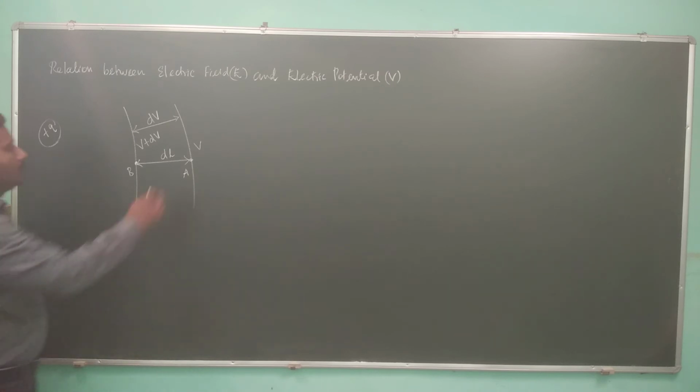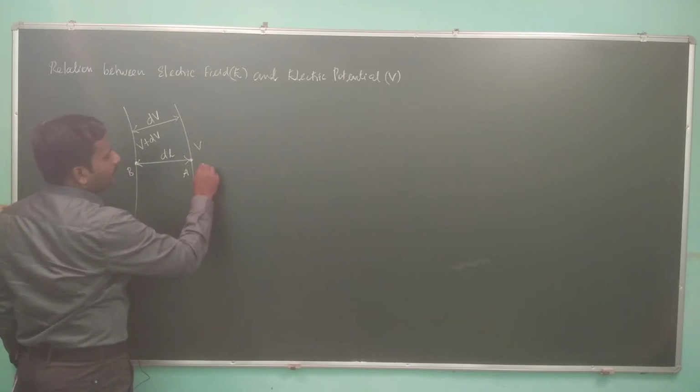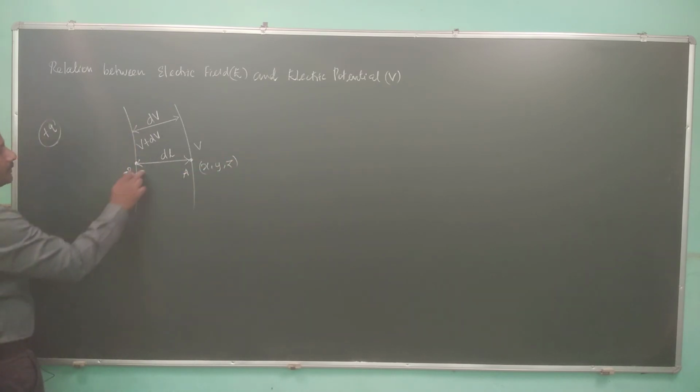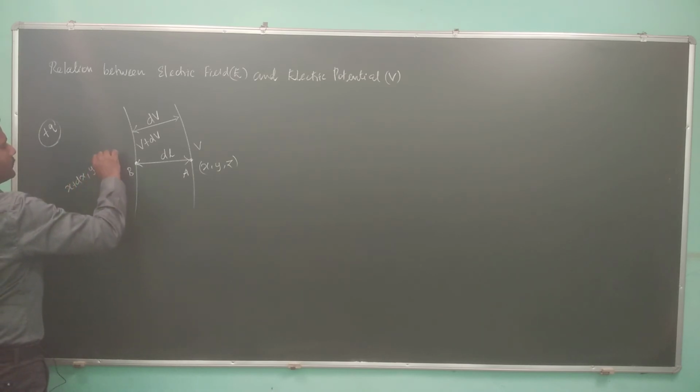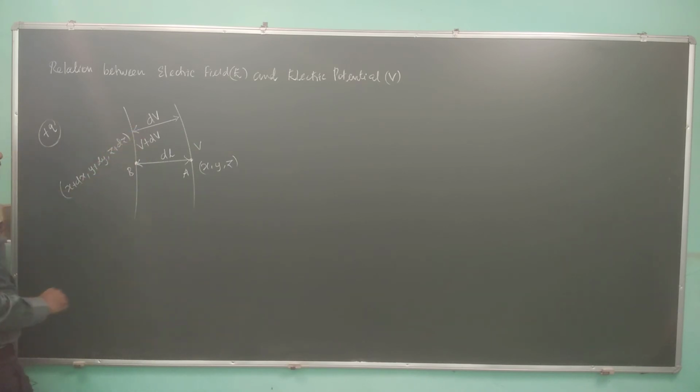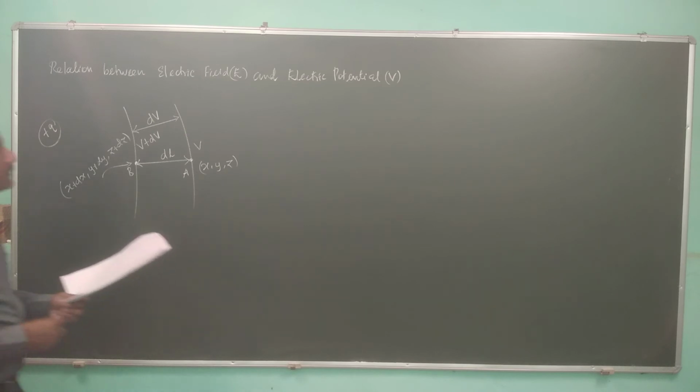Now point A can be denoted as x, y, z in Cartesian coordinates. Point B can be denoted as x plus dx, y plus dy, z plus dz. This is the position of point B in Cartesian coordinates.